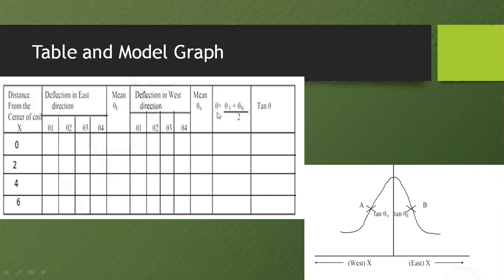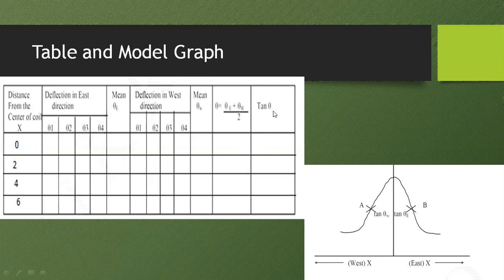Once you get the theta, the deflection in magnetometer at each and every distance from the center of the coil, you can understand clearly that theta deflection is depending on position of the magnetometer from the center of the coil.